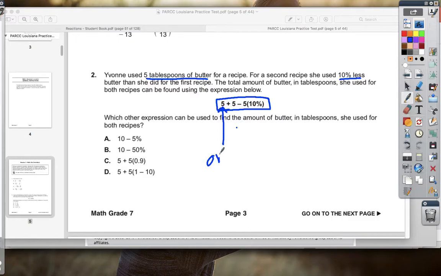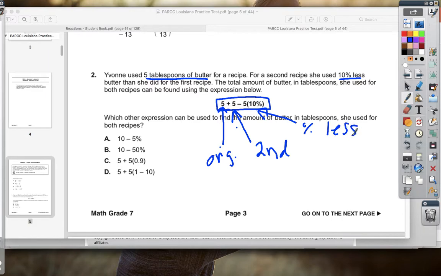we have my original that I start with. And then we've got this plus 5 minus 5 times the 10%. And so then this is the start of the second recipe, but then this is the 10% less.